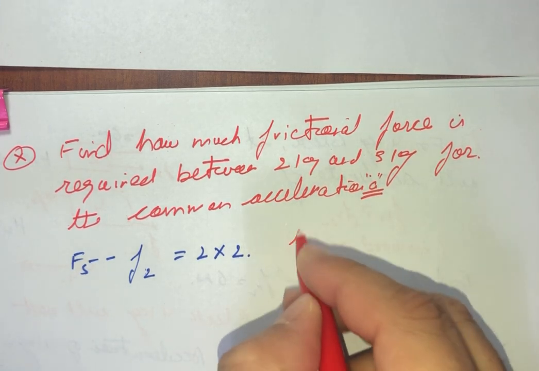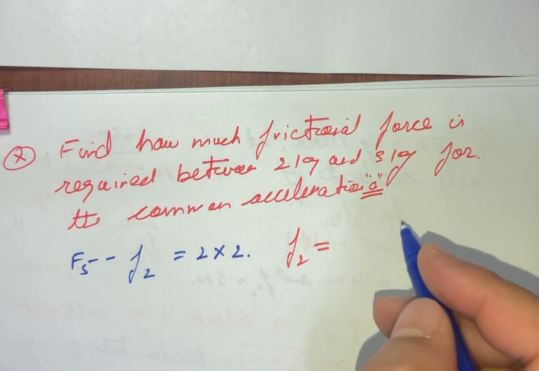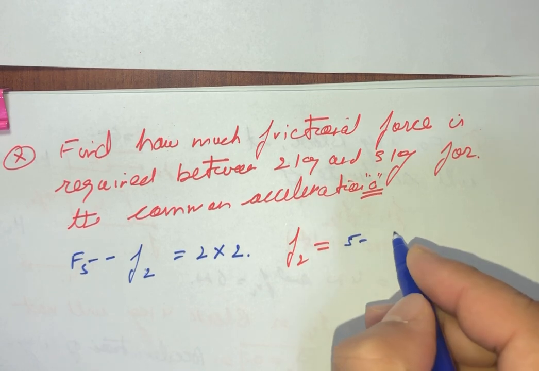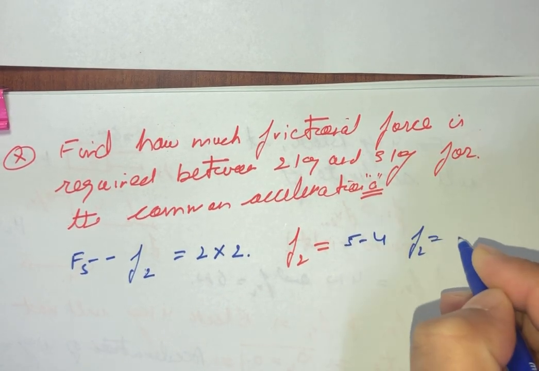So we can write our F2 is equal to F5, which is 5, minus 4. So from here we can say F2 is 1 Newton.